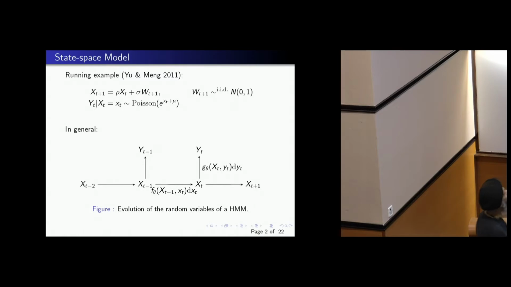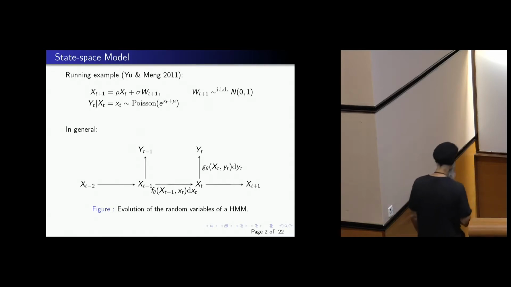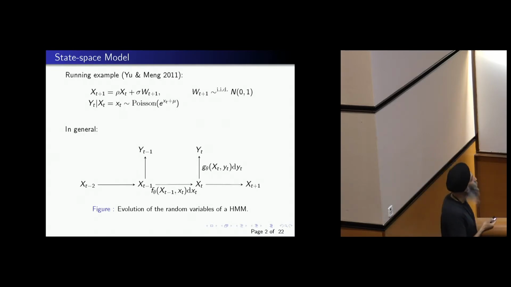In general, if you're not particularly interested in this Poisson modulated AR model, then we're interested in a system as follows. We've got an X process that is Markovian, and it does what it does irrespective of what Y is.